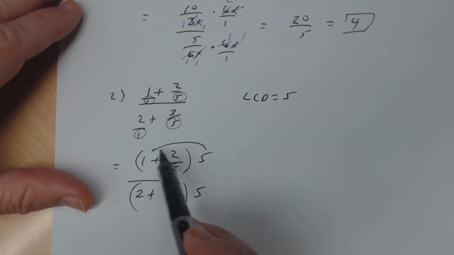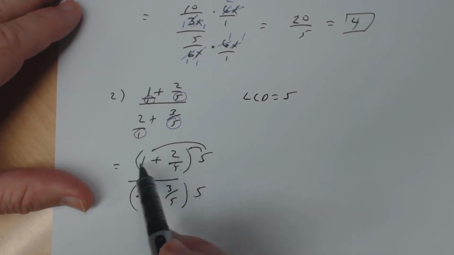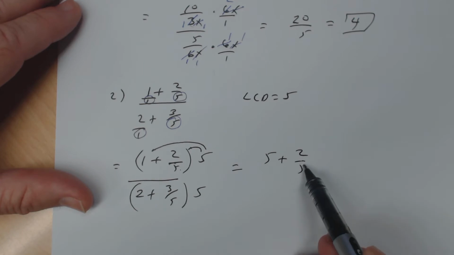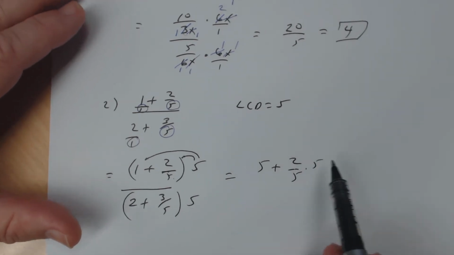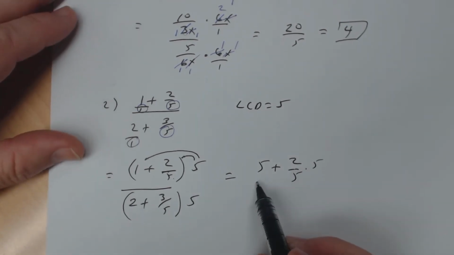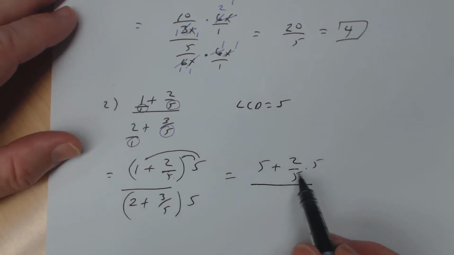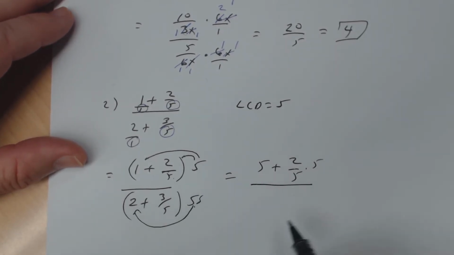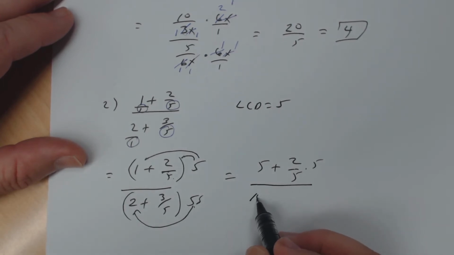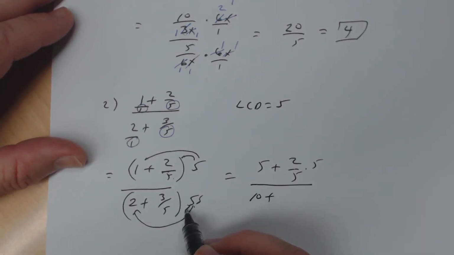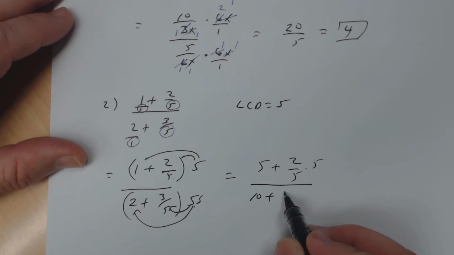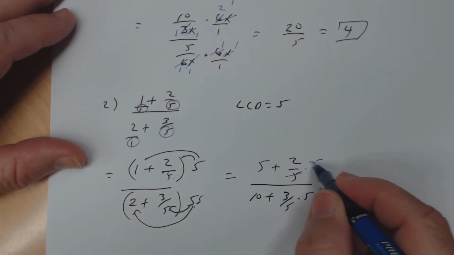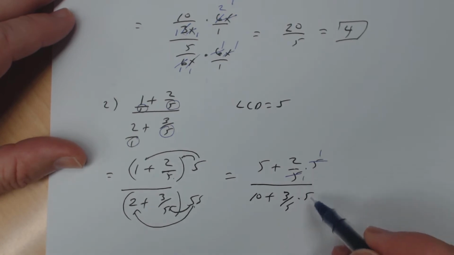So the next step is to distribute. 5 times 1 is 5, plus 2/5 times 5. Now you could have done that in your head, but I'm just going to go ahead and write it out like this for right now. But you could have skipped that step. And over here, 5 times 2 is 10, plus 5 times 3/5. Alright, now let's reduce. These 5s divide out.